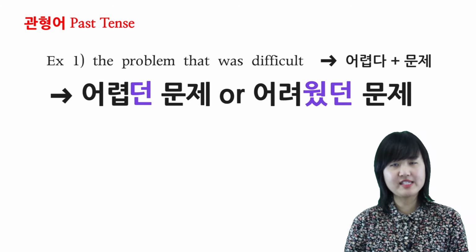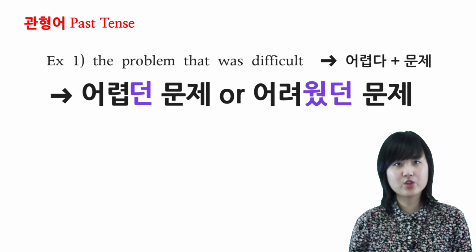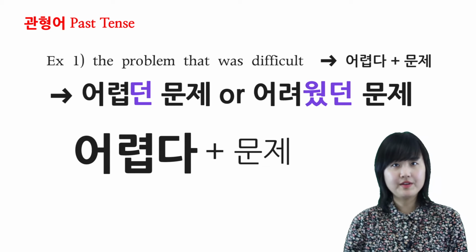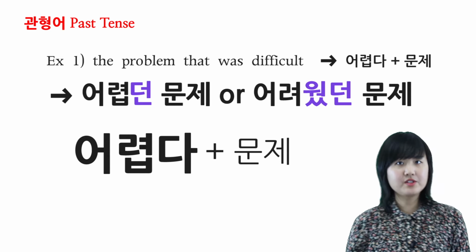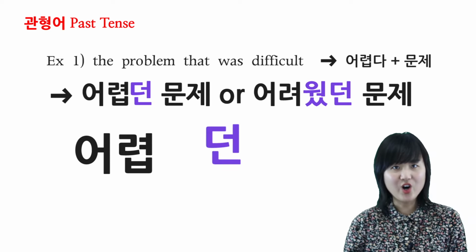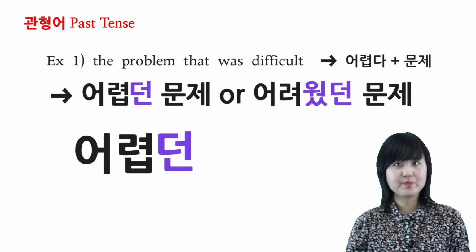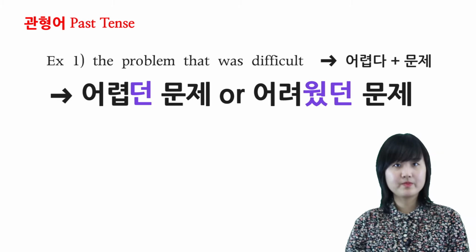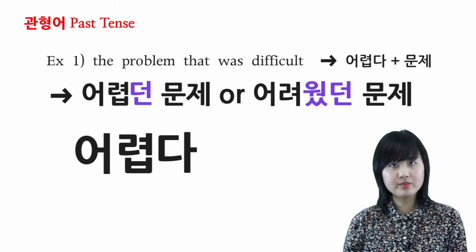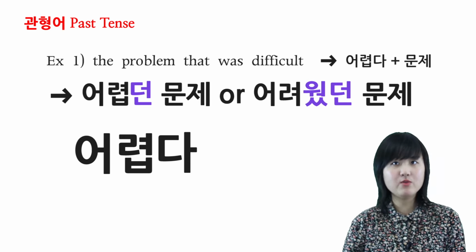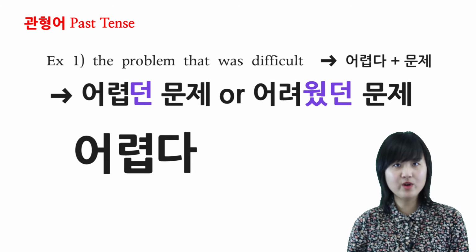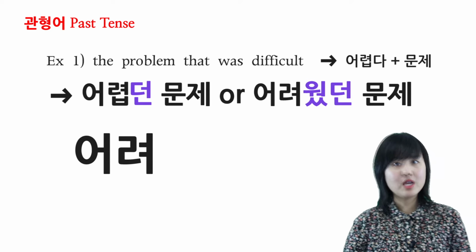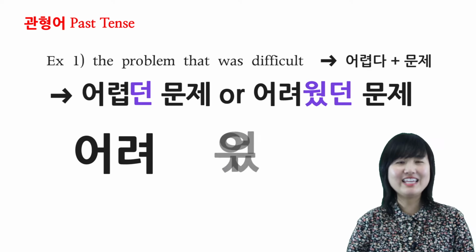Notice that the first example has difficult and its Korean is 어렵다. Since 어렵다 is a descriptive verb, 던 is added to the verb stem. It can be 어려웠던 as well. Notice that 어렵다 is a 비읍 irregular verb. Therefore, 비읍 is dropped because of 이응 in the next letter.